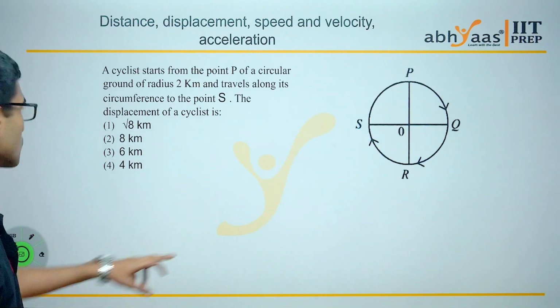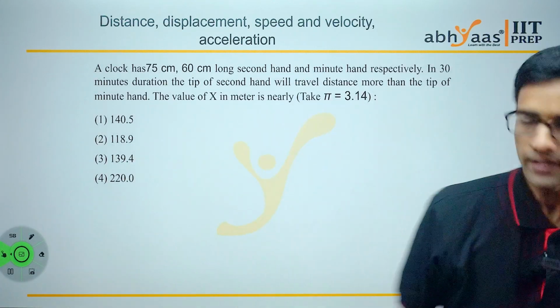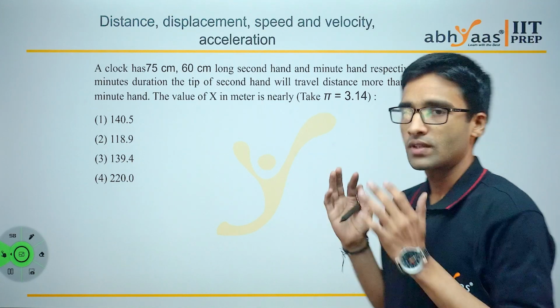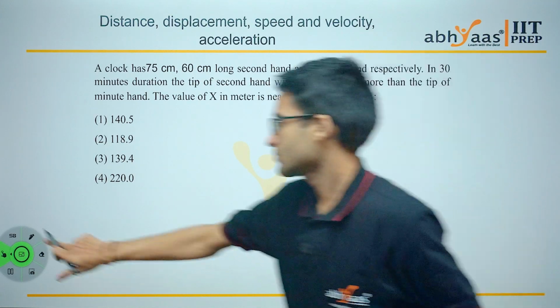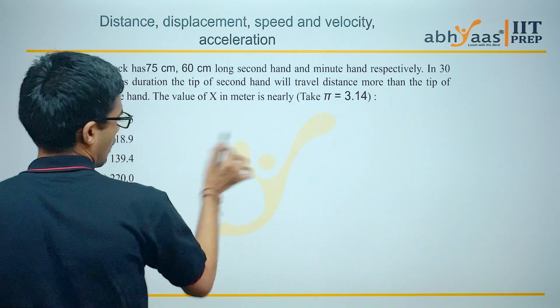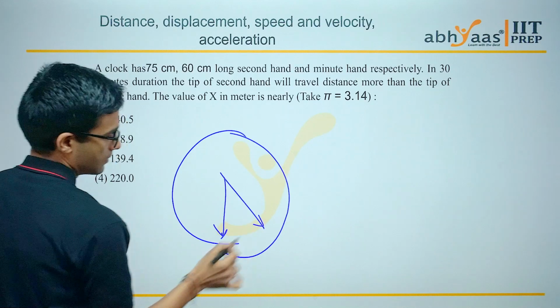Now going to the second question. Here again there is a clock, in which we have a second hand and a minute hand. In a 30 minutes duration, what is the distance? In a clock like this, there is a minutes hand and a seconds hand.